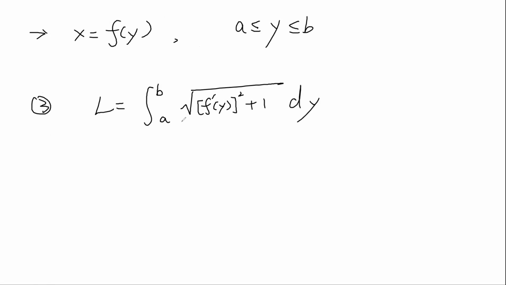And again, you can derive this formula from the parametric curve. You just need to let x is equal to f of y and y is equal to t. Then apply formula 1, the first formula from the parametric curve, and you can recover this formula.